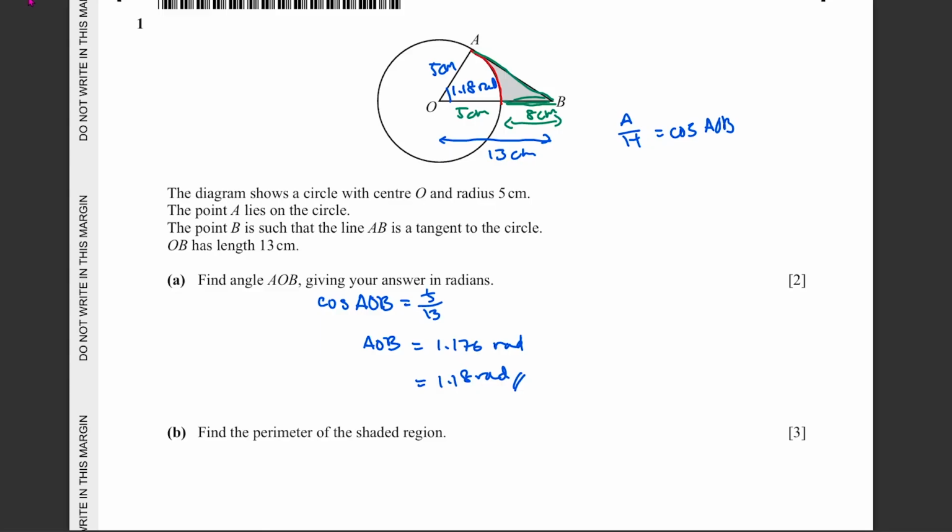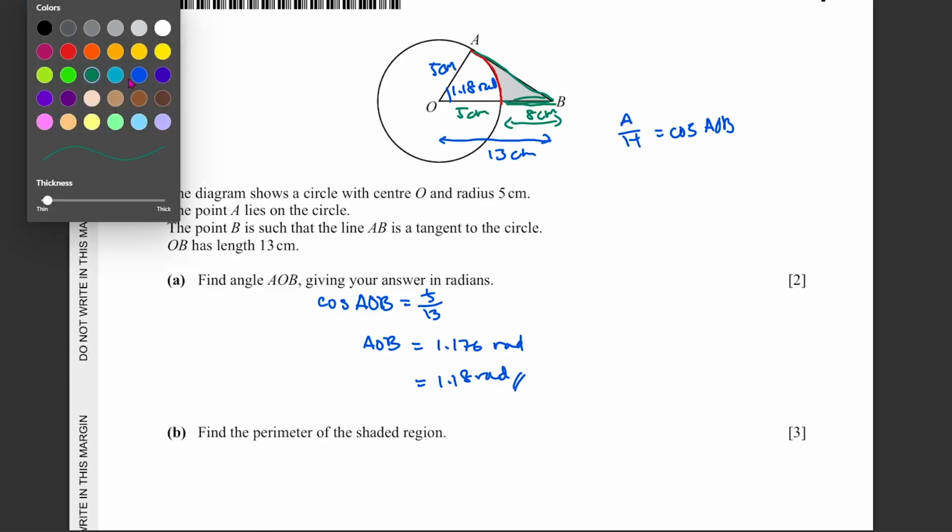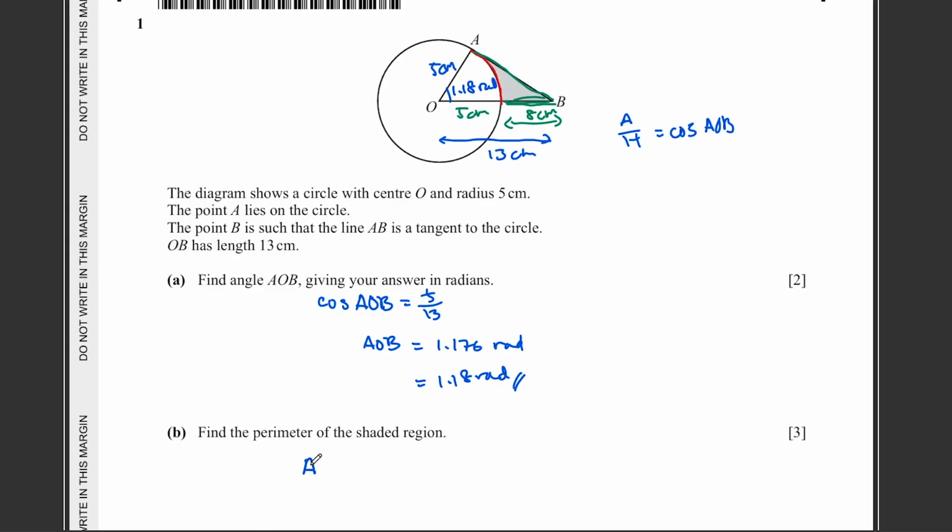AB is quite easy to find also because it's a right angle triangle. We can use Pythagoras' theorem: 13 squared minus 5 squared. So there'll be 12, so AB is 12 cm.